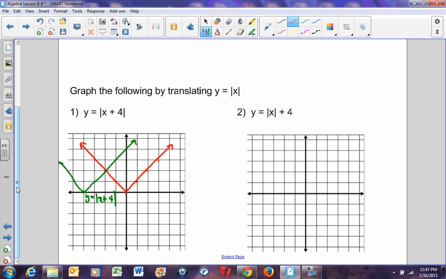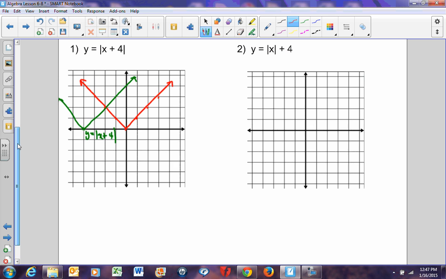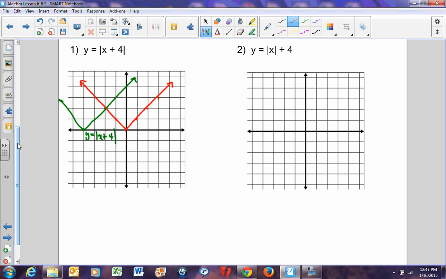So look at the second one here. y equals the absolute value of x again. So I'm going to move this one to the right, so far down on the bottom of the page. Okay, my absolute value of x, there's my parent function. Right there. y equals the absolute value of x plus 4. That's a vertical change because the only thing in the absolute value is the variable. So I'm going to put that up 4 units. 1, 2, 3, 4 units up.